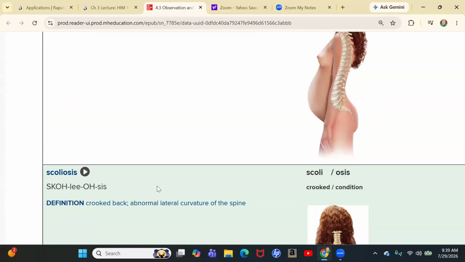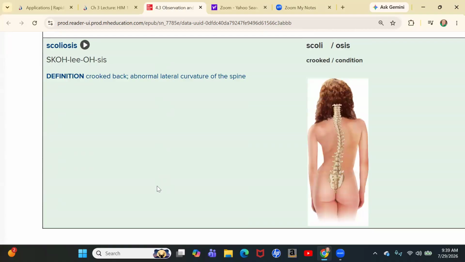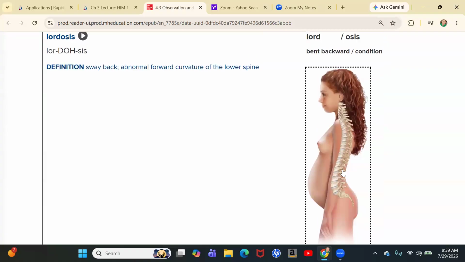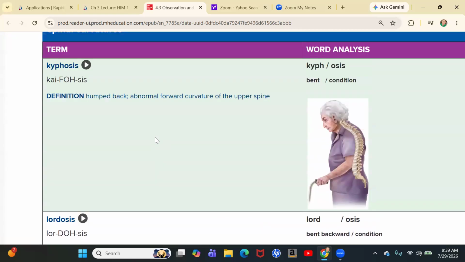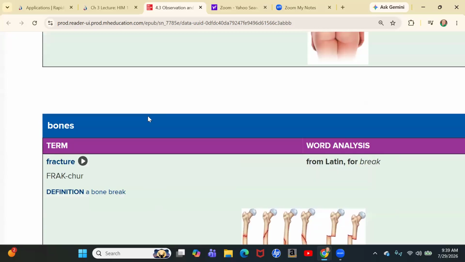So scolio, S-shaped curve of the scoliosis, the lateral S-shaped curve of the thoracic vertebrae; lordosis, the inner curve of the lumbar vertebrae; and kyphosis, the abnormal curvature of the thoracic vertebrae in the bent condition. Okay, so not lateral, but more interior here. All right.